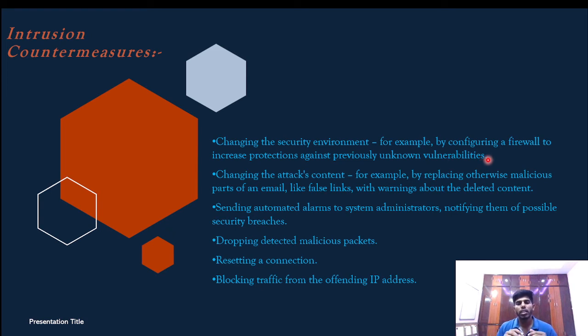If vulnerabilities were already exploited on our servers or systems previously, we have to configure the firewall settings according to those vulnerabilities, because if we upgrade our firewall settings and protocols, then we can stop those types of vulnerabilities from happening in future.